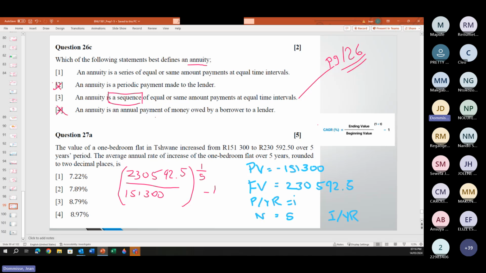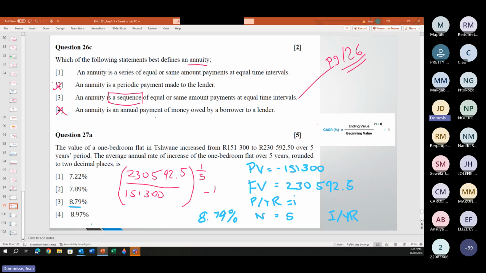Then we know it is 1 time per year for 5 years, so it's 5 periods. And if we work out our interest rate, we get 8.79%. Again, they try to trick you with the 8.97 and the 7.89. You can see they use all 3 numbers, and it's just to trick you if you're quickly making the calculation.